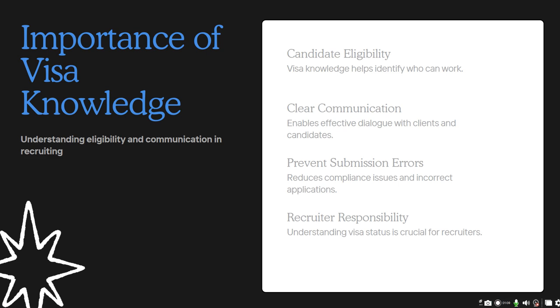It helps recruiters communicate clearly with the clients and avoid submission mistakes. Understanding visa status is one of the most important responsibilities of a recruiter.